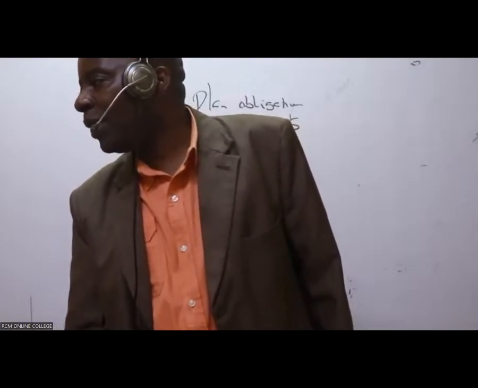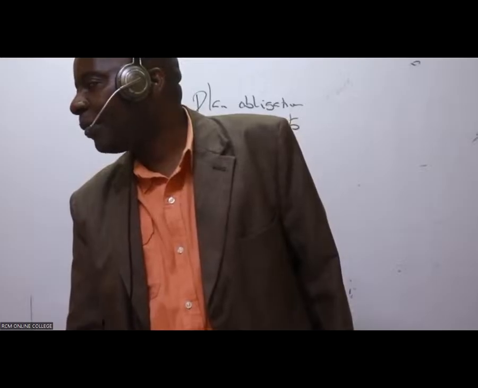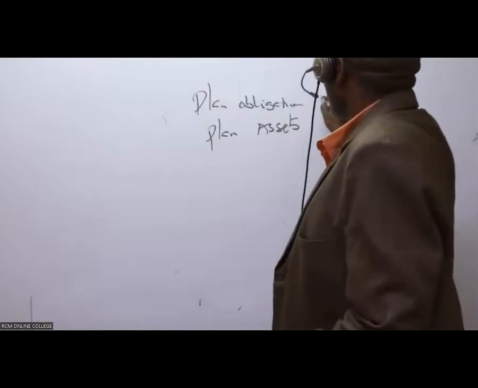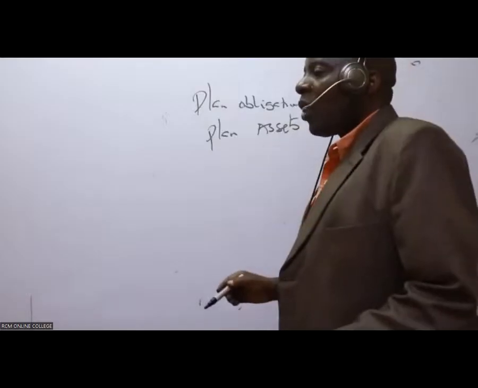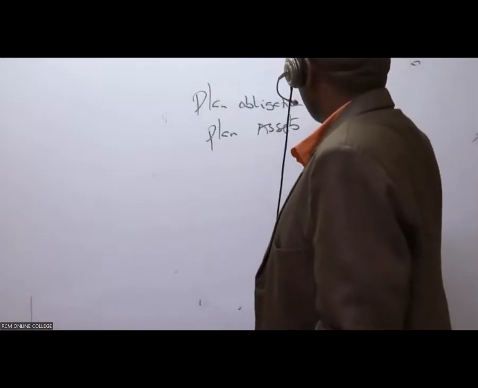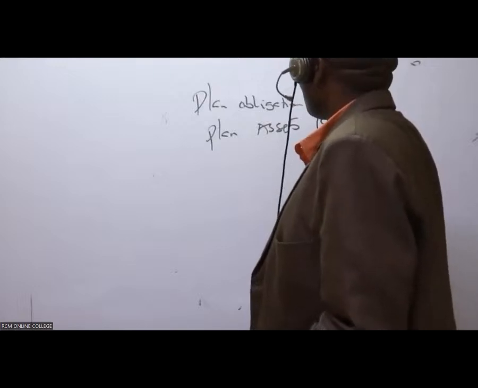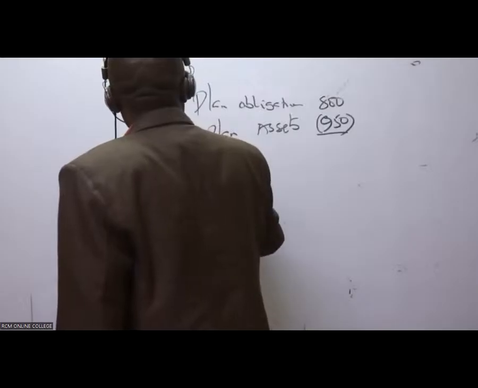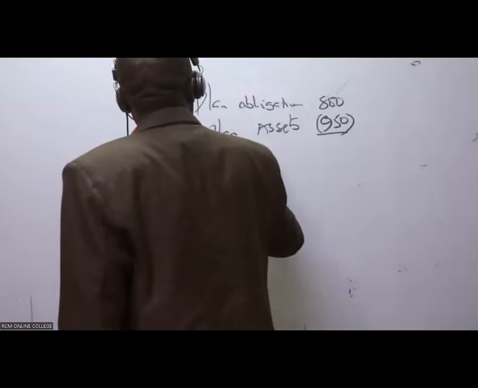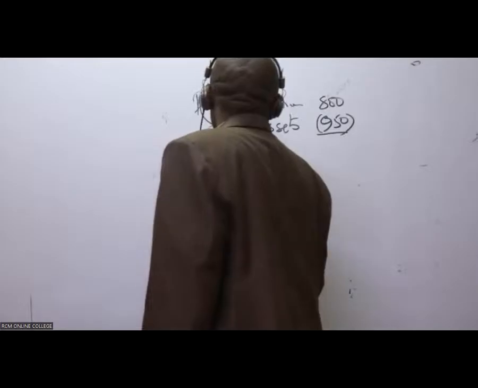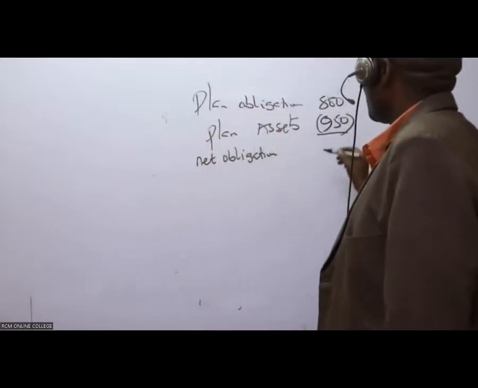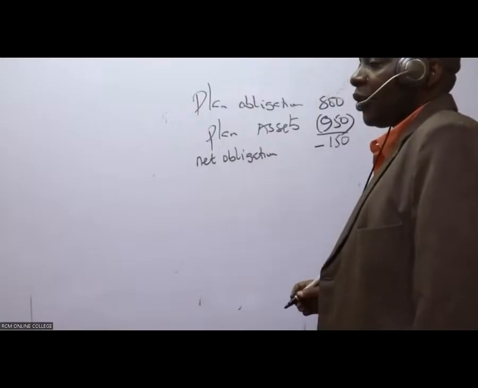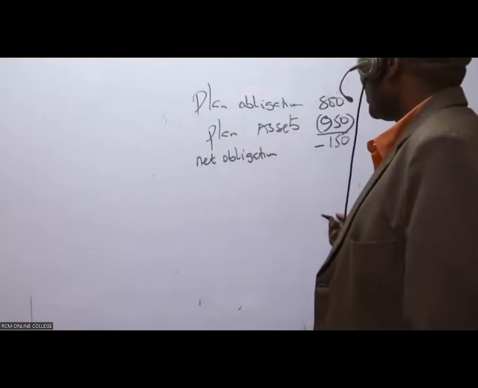The plan obligation is 800. And then the plan's assets are worth what? They are 950. So subtract the assets as usual, then we'll be able to give me the net obligation, which is minus 150.